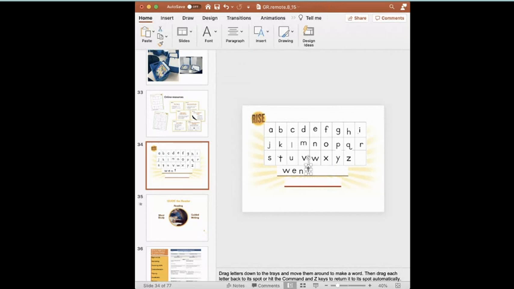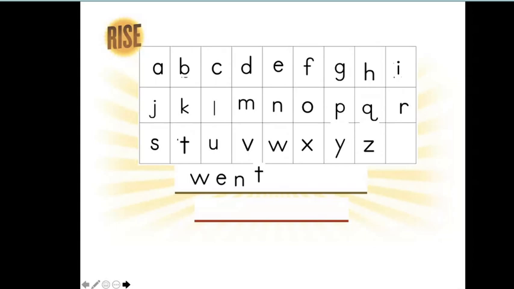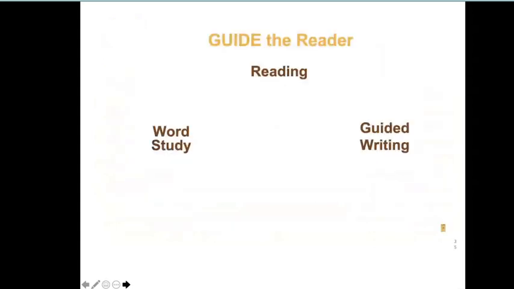So a lot of my word study activities do require that they have magnetic letters, but if they don't, they can use this digital letter tray. And if you need one, I will be happy to send it to Kathleen or Jesse for you guys to download. All right, let's get into the teaching.